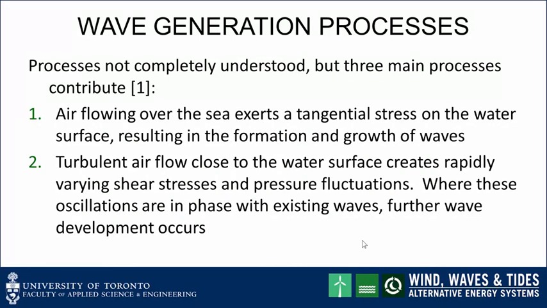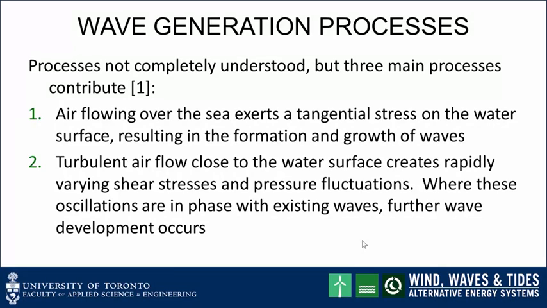So now let's talk about the wave generation process. The details are not fully understood, but there are three main processes that contribute. So first of all, air flowing over the sea exerts a tangential stress on the water, a shear stress on the surface, resulting in the initial formation and growth of waves.